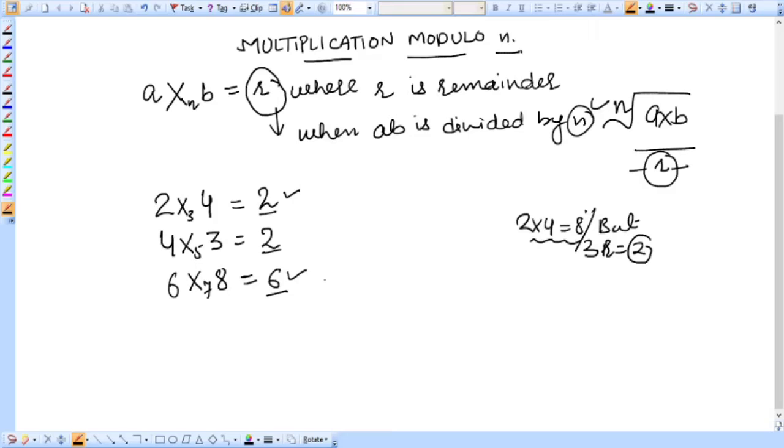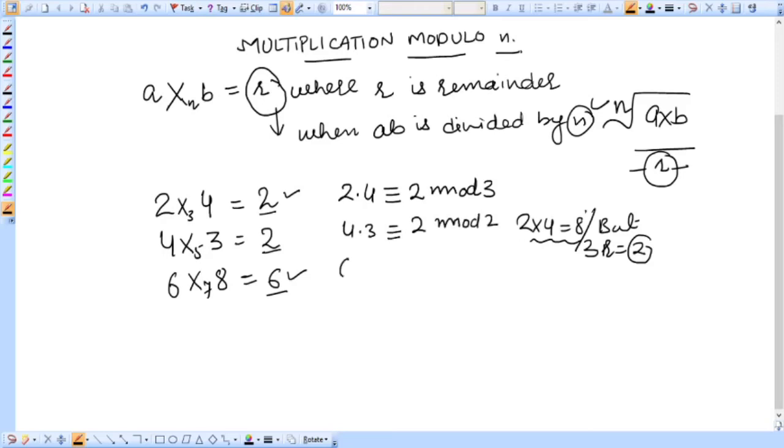The same thing can be written in an alternate form, in modulo form. We can write 2 multiplication modulo 3, 4 is equal to 2 as 4 times 2 is congruent to 2 modulo 3. For the second, we can write 4 times 3 is congruent to 2 modulo 5.